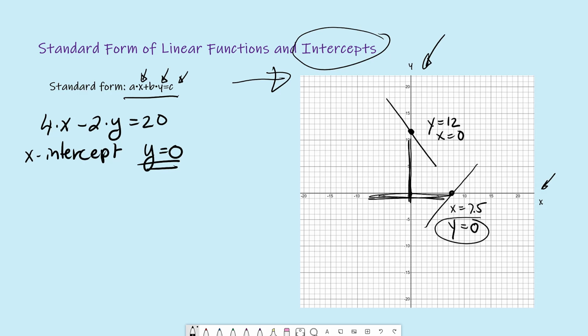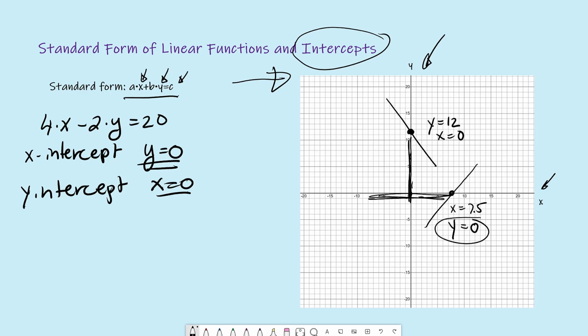Every ordered pair we can find the value by going back down to the axes. And so when we're looking at the y-intercept, we have x equals 0, and that is a given. That is what we use in order to find the intercept.